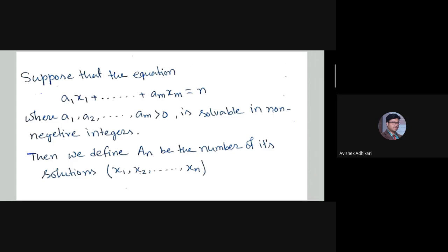Then we define an to be the number of its solutions x1, x2, ..., xm. So an depends only on n, not on the ai's and not on the xi's. So I'm defining an to be the number of solutions.